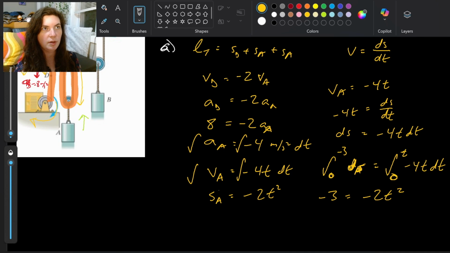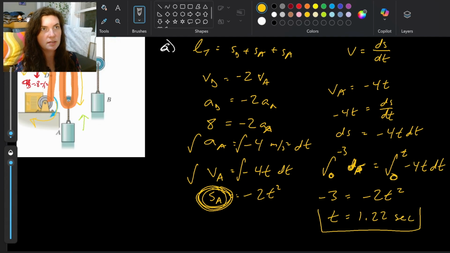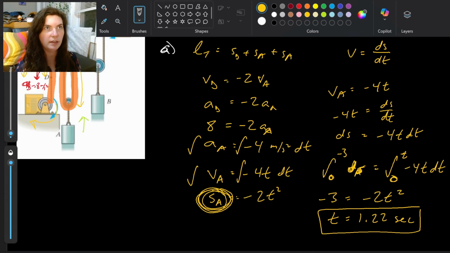Negative 3 we could have input over here. This is the lift at the time we're looking for, that lift of 3 meters. So either way, we get there. Solve for t, and this is going to give me 1.22 seconds. 1.22 seconds to lift block A 3 meters.